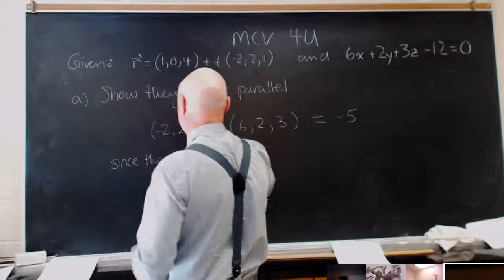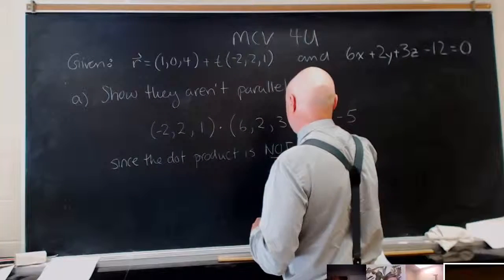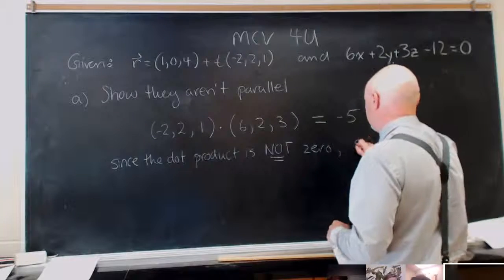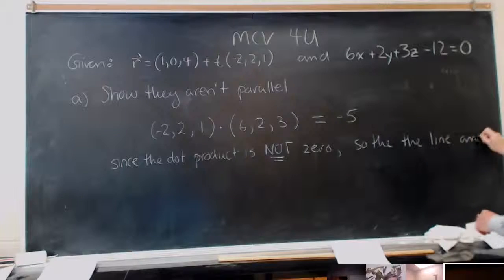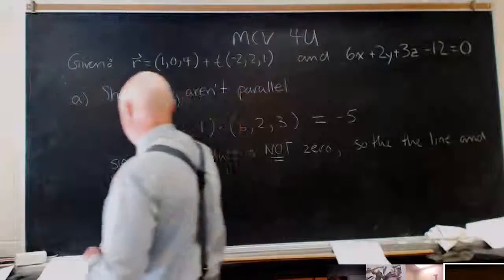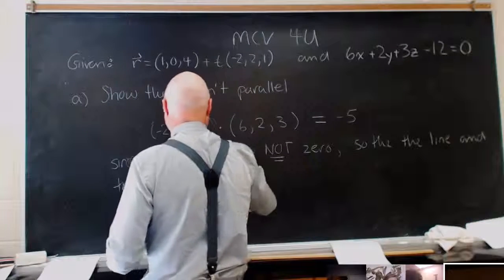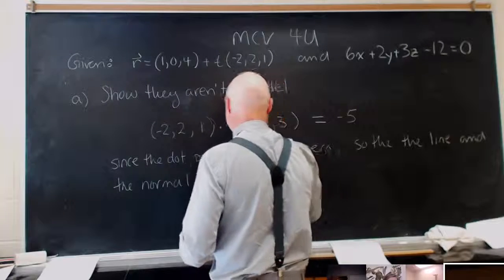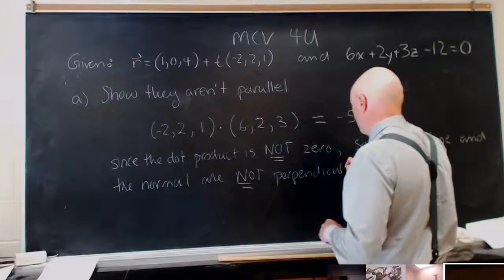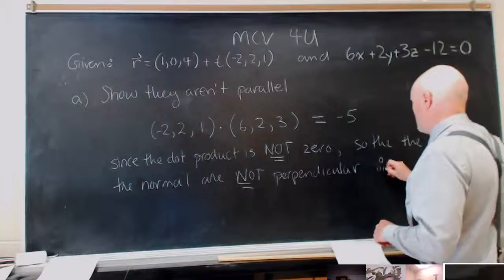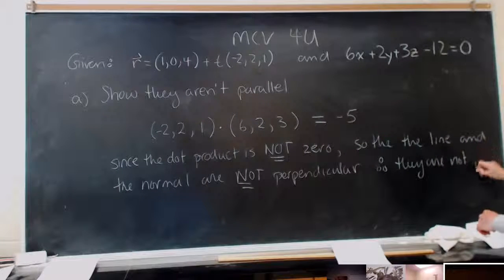So the dot product is not 0. So the line and the plane are not perpendicular. So they're not parallel.